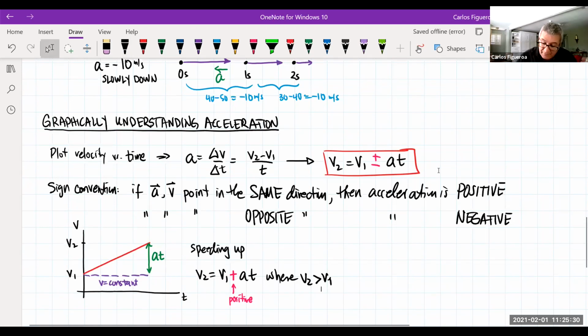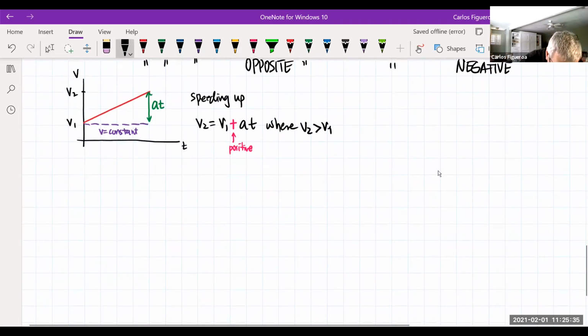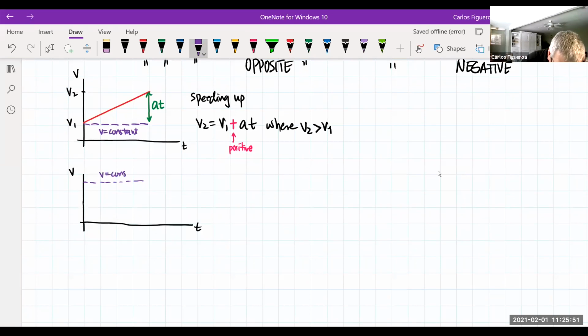On the other hand, if I'm talking about slowing down, what you're seeing here is that I still have my line of constant velocity not changing, and maybe this is my initial speed here, V1.